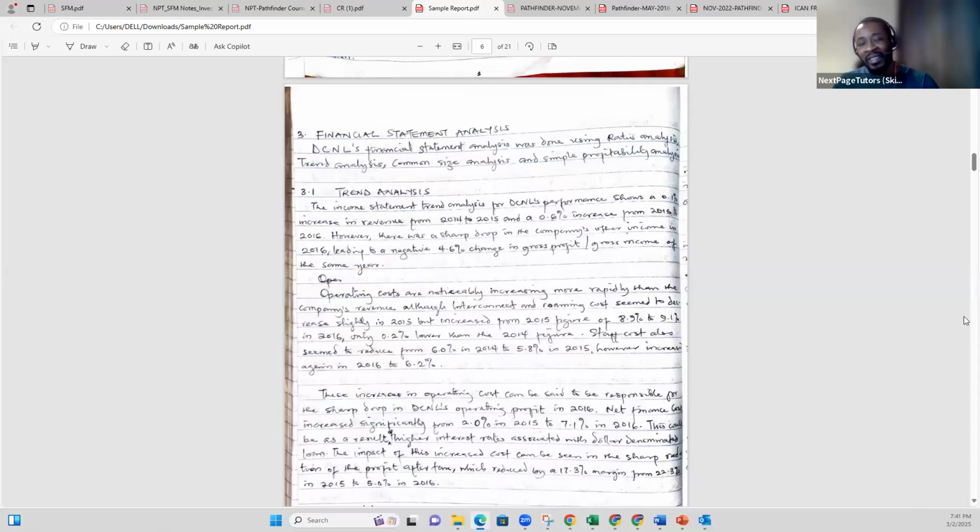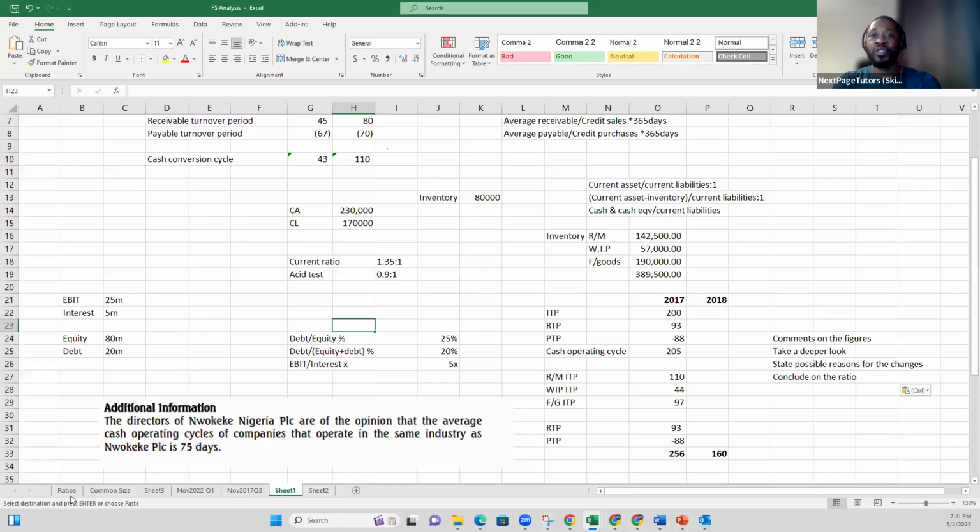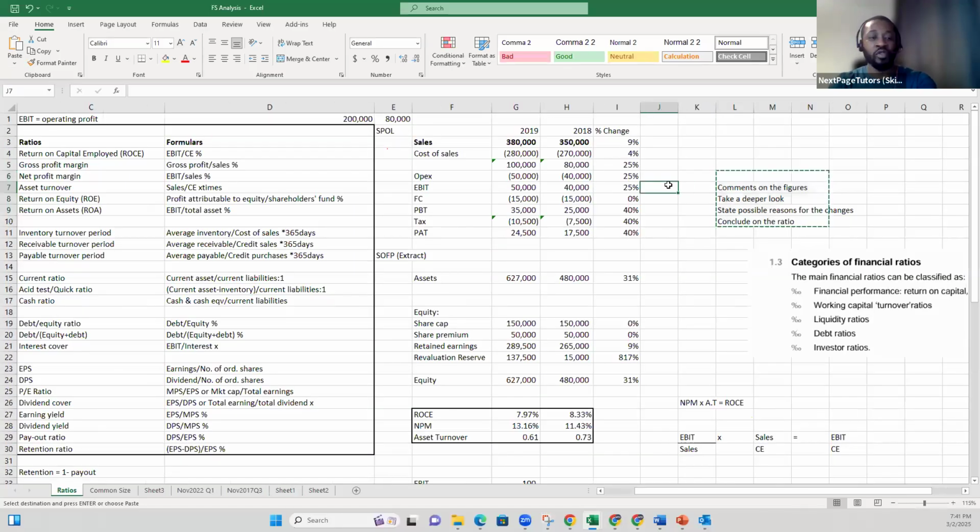And you have to be able to tailor your things properly, and that's why I said, if you look here, you have a simple approach where you need to be able to comment on your numbers, take a deeper look, state possible reasons for the changes, and conclude on your ratios. Very, very important. We read the report now.